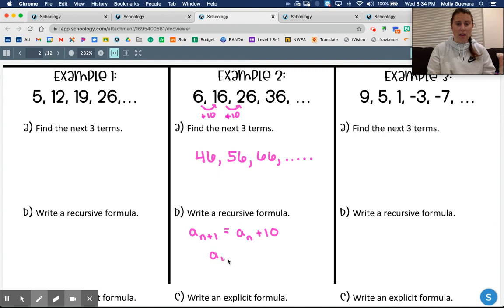And then you're like, okay, but 10, 20, 30, 40 is adding 10 every time, and that's not the same as this. So you have to tell whoever's looking at the equation where to start. And in this case, the first term is 6. So hopefully that makes sense, right? This is just saying, hey, all I'm doing is adding 10 every time, start at 6. Okay?